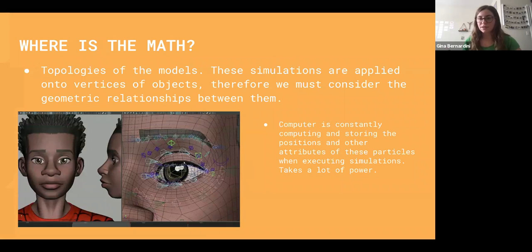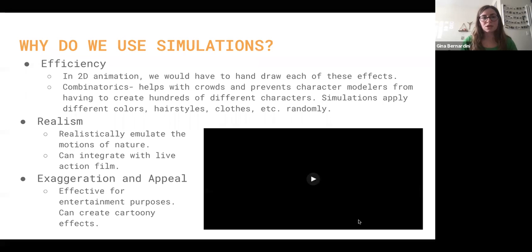In animation, a lot of times it's 24 frames per second, but it can be much less fractions of a second, many more. Especially in simulation, the computer is constantly trying to understand where these points are in the 3D space, computing these positions and storing them, and repeating the equations over and over again. So this is a reason why we can't do these ourselves. This is where the math of the geometry is, how these points interact with each other, and so on. I'll go into that a little bit later also.